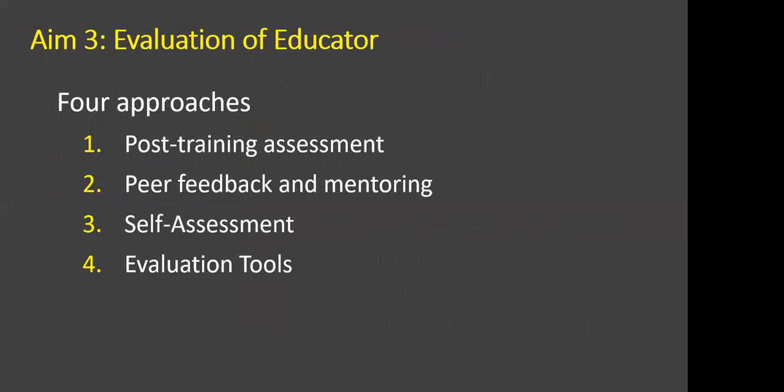Hi, everyone. The third aim for our study was evaluation of the educator. The literature supported four methods primarily for evaluation of the educator. As Dr. Page was mentioning, one of them was peer feedback and mentoring. It was noted that with peer feedback as a method of evaluation, there were guiding principles that really supported that mentoring relationship.